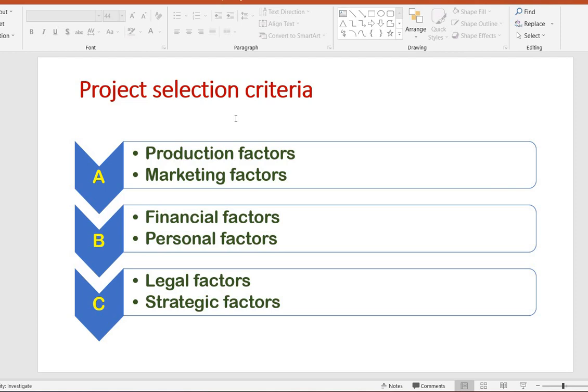If there is a sector where sections of society, organizations or industries are importing, and we are manufacturing the same or a similar thing, that may create a problem. That is a threat on our side when we start a project at any location. Then customer acceptance is also important from the marketing factor point of view.